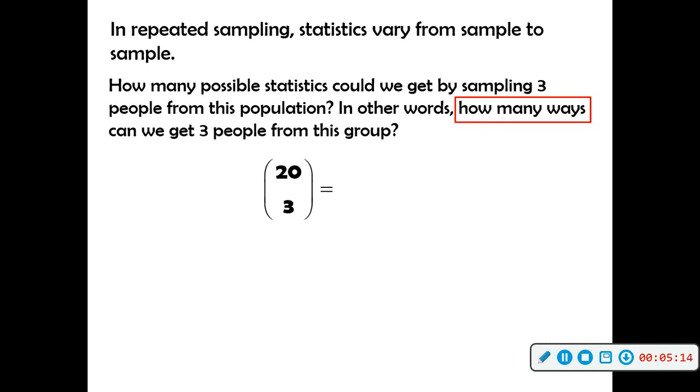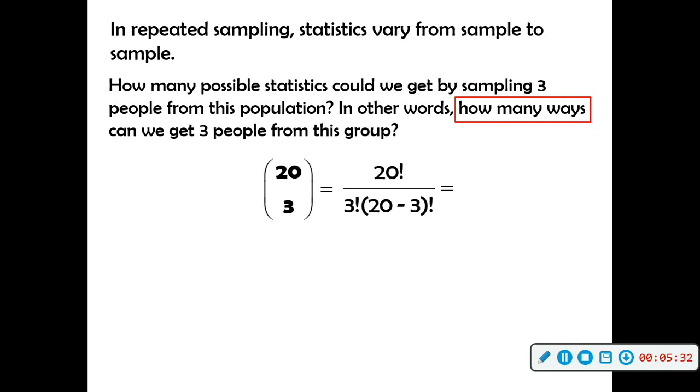Well, to do this, we are going to do a combination, right? And the formula that we can use for that is 20 factorial over 3 factorial times 20 minus 3 factorial.